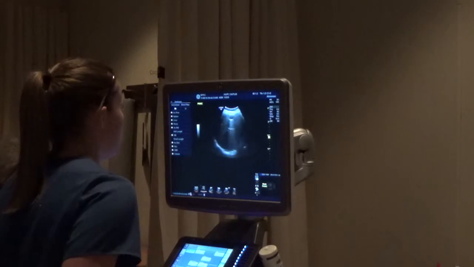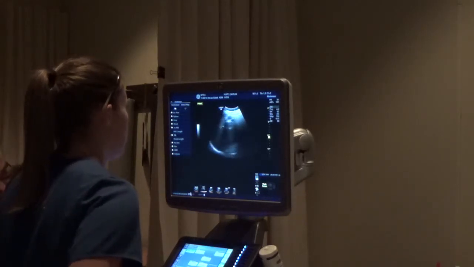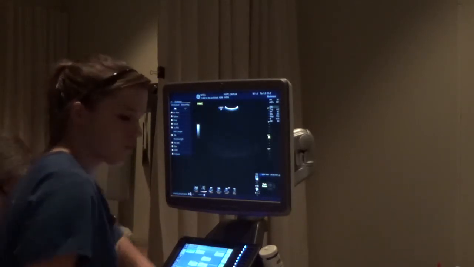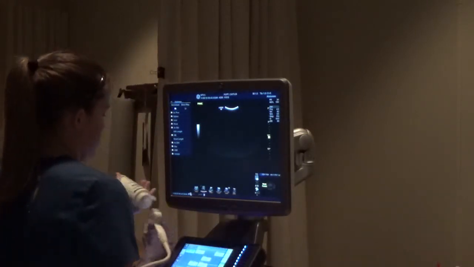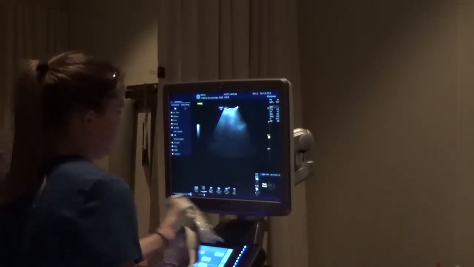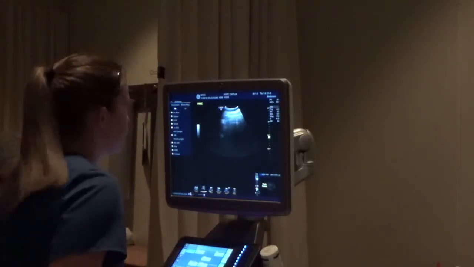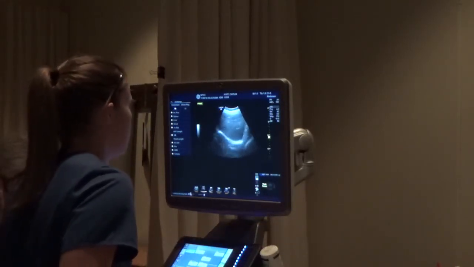Show me an image of the gallbladder, sagittal. All right, take a big breath in for me.